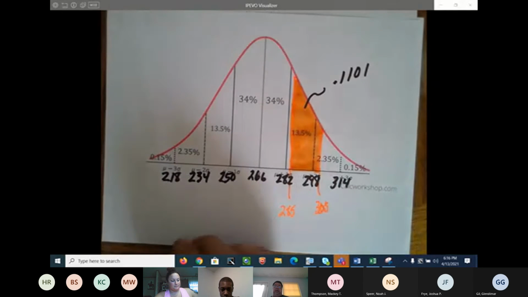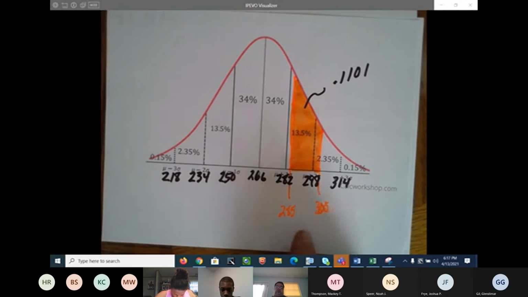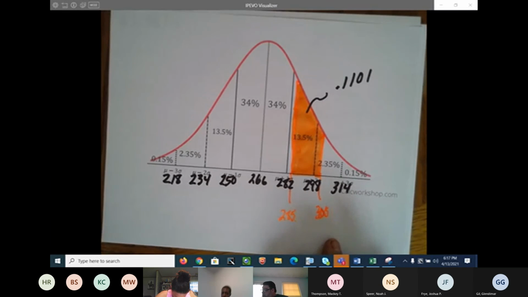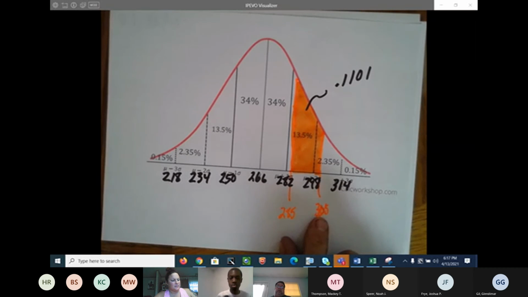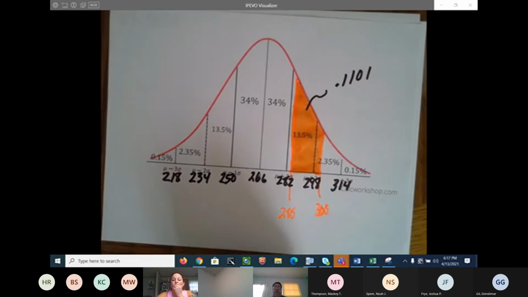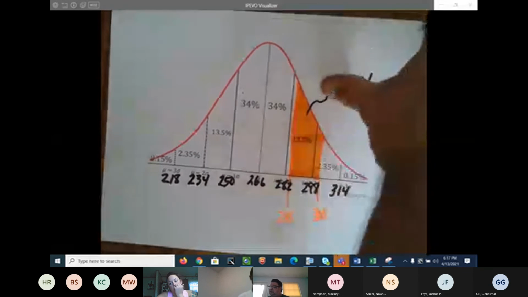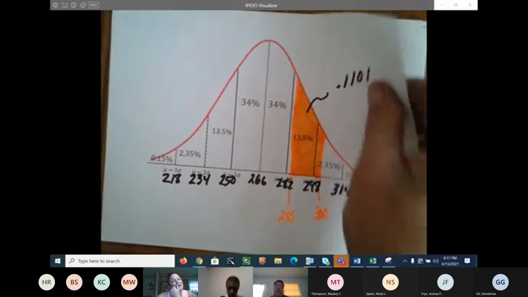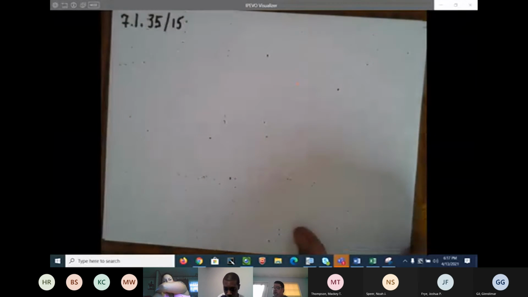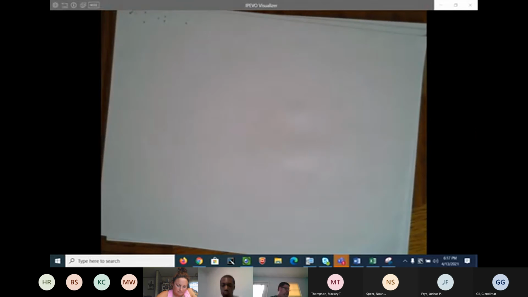And then you could say there is an 11.01% chance that you will carry a child from 285 to 305. And then, of course, the area between 285 and 305 is 0.1101. And that's how you do that. You pick the most accurate descriptions of those answers.